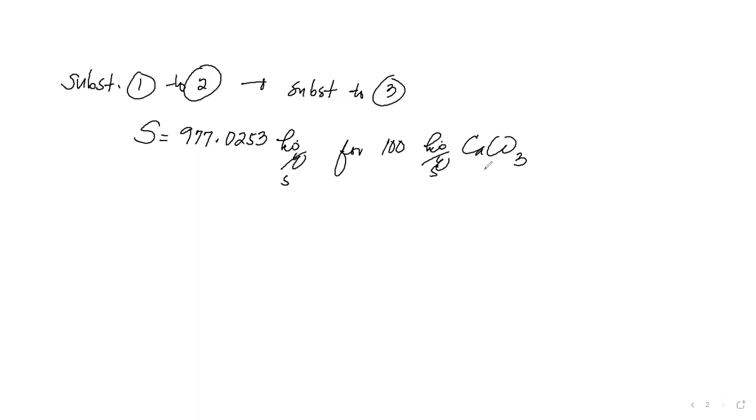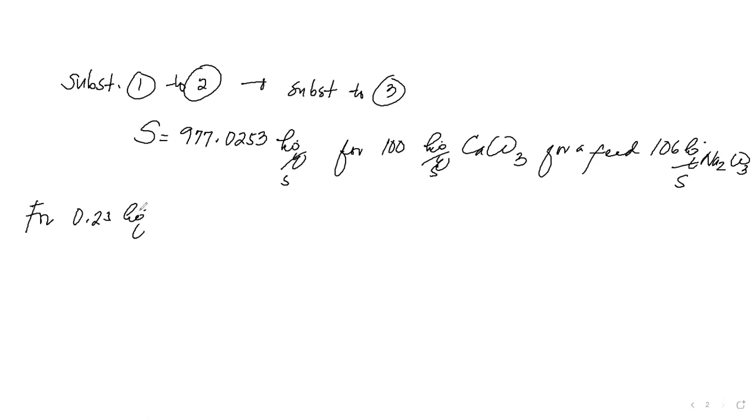Remember that as stated, this is for 100 kilograms per second of calcium carbonate for a feed of 106 kilograms per second sodium carbonate. So this is your solid produced if this is the theoretical amount of sodium carbonate that was processed. These are all theoretical. The actual that is given in the problem is only 0.25 kilograms per second of sodium carbonate.